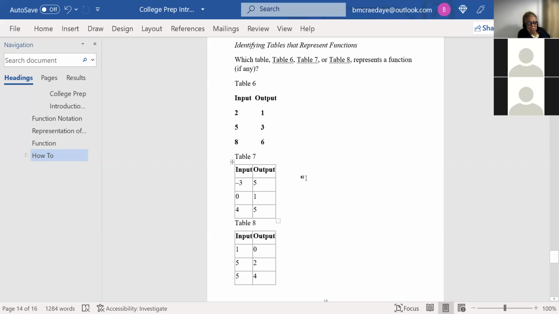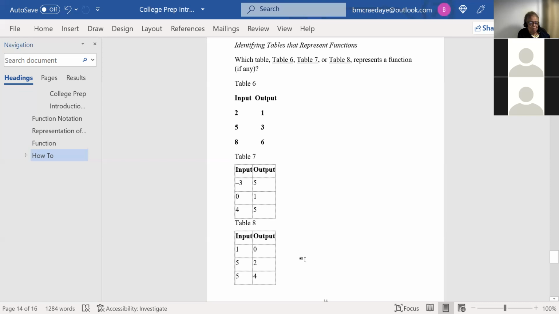So is it a function or not, Latoya? I think it's a function. It is, because every x value maps to one output. These are all different. You don't see duplicate x's over here, right? No. Chastity, table 8, function or not function?